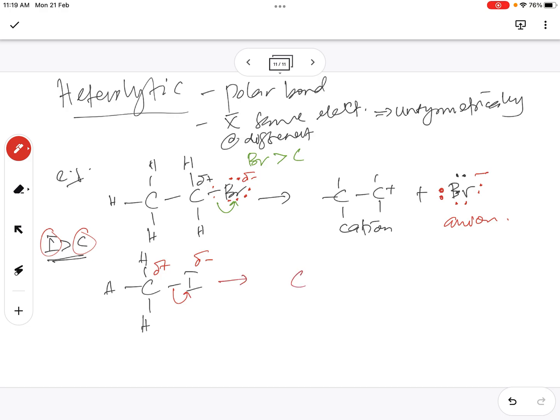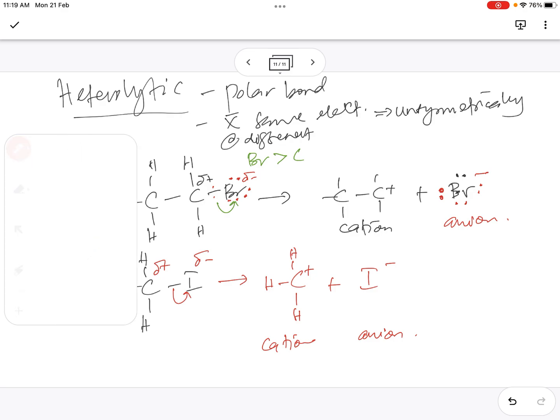So, you will get CH3 plus, I negative pun boleh. Macam ini pun boleh. So, we get cation and anion. Okay. Now, we have special name.